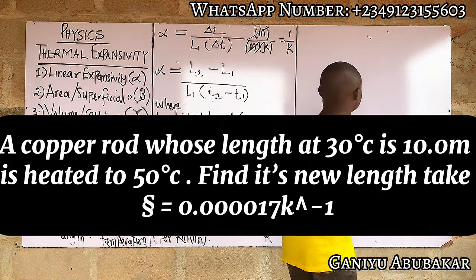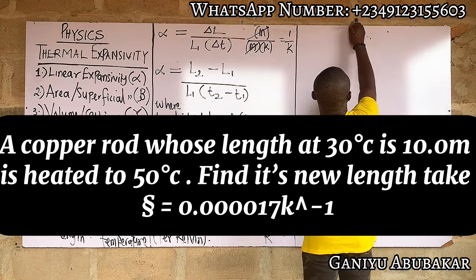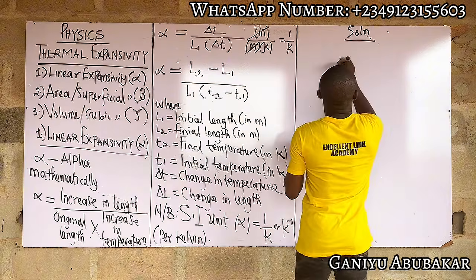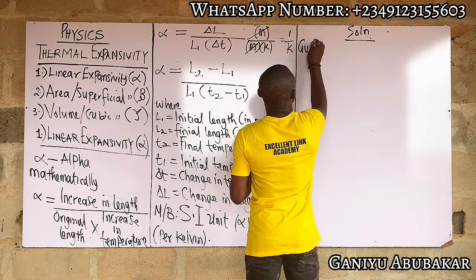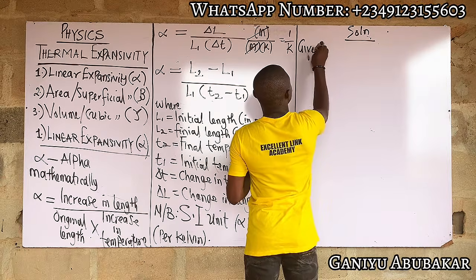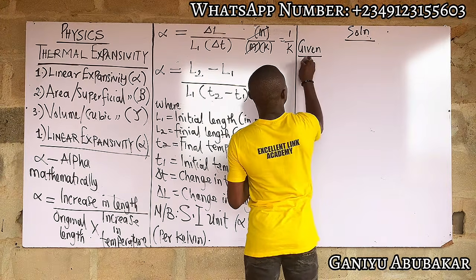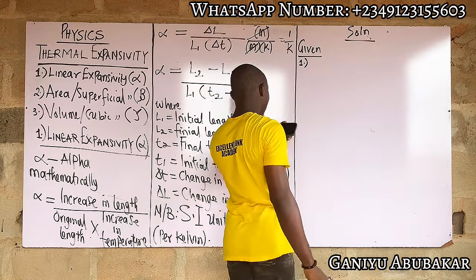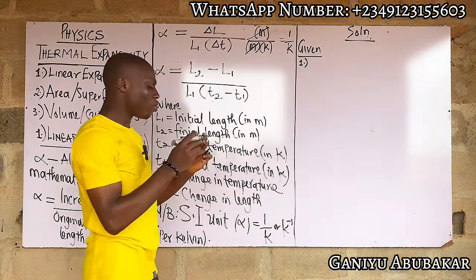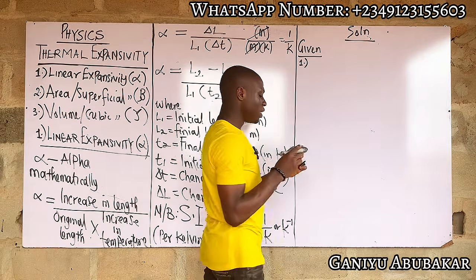So your first task there in science is to list out the givens. From the question, number one says that a copper rod whose length at 30 degrees Celsius.